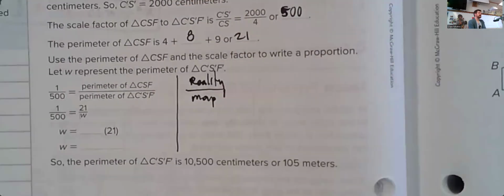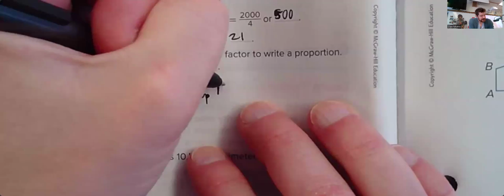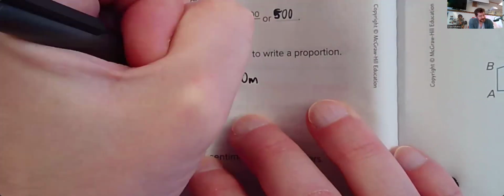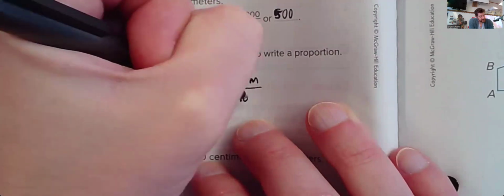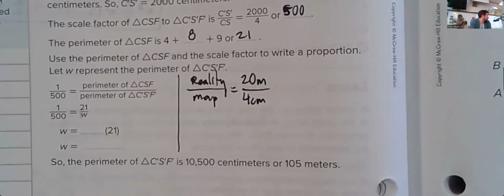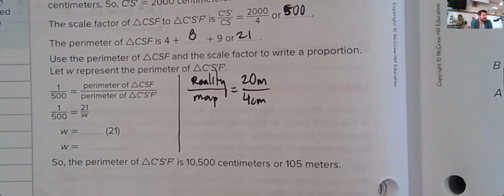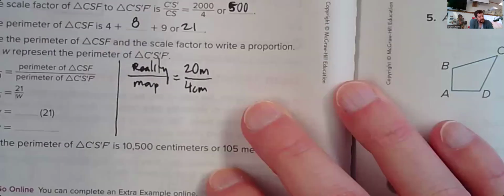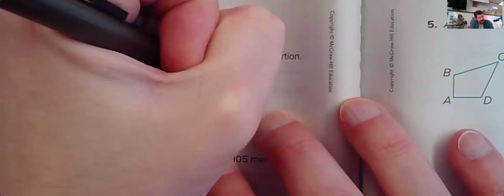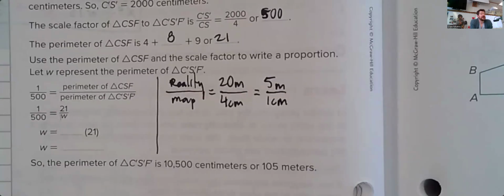The reality to map scale factor is 20 meters in reality is equal to 4 centimeters on the map, which means that 5 meters in reality is equal to 1 centimeter on the map. Everybody okay with that?